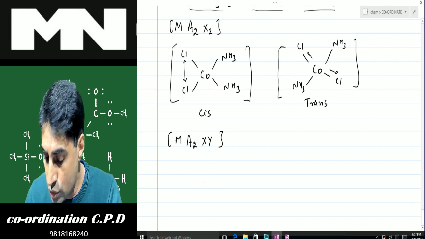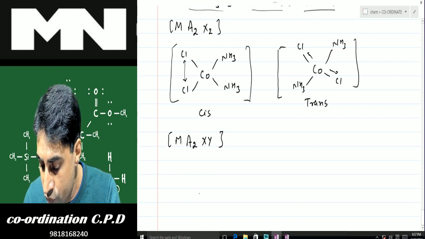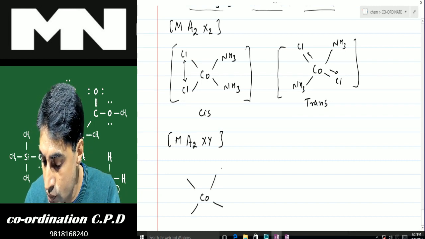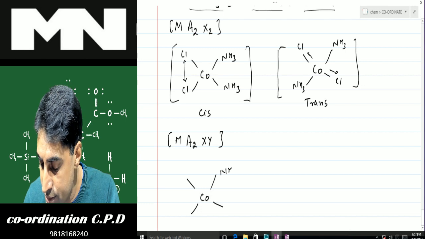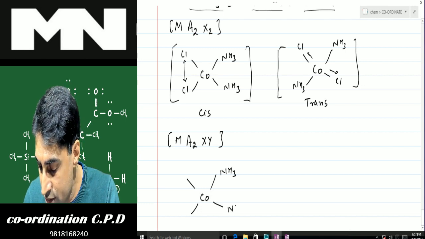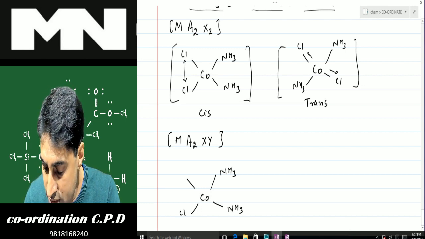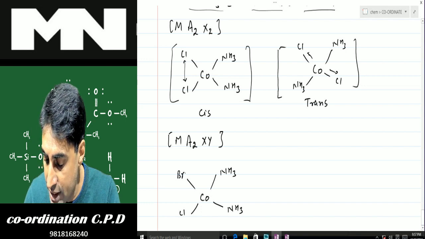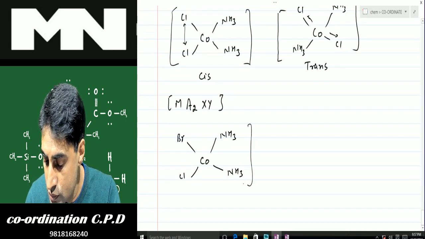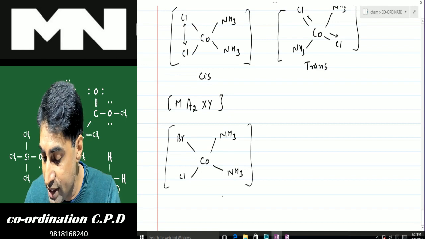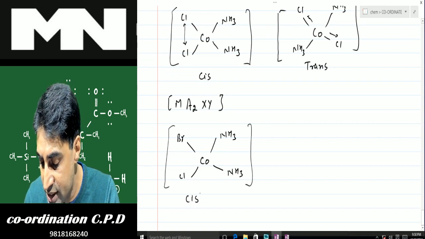A2. So suppose you have got a compound like Co(NH3)2ClBr, but the 2 NH3 are on the same side, so this form is cis.